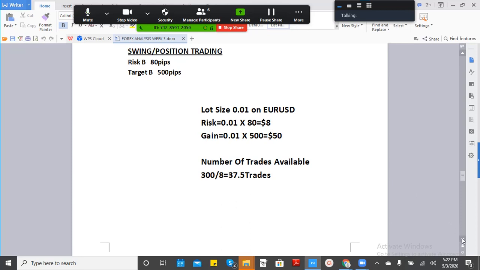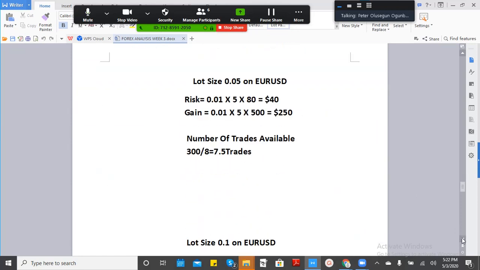If you are going to trade on these larger pips, lot size of 0.05, you are risking $40 to gain $250 on your $300 account. So how many trades can you pick? 7.5 trades.